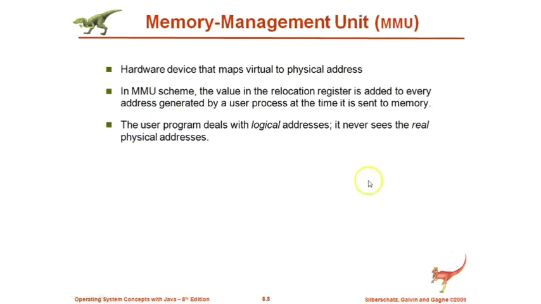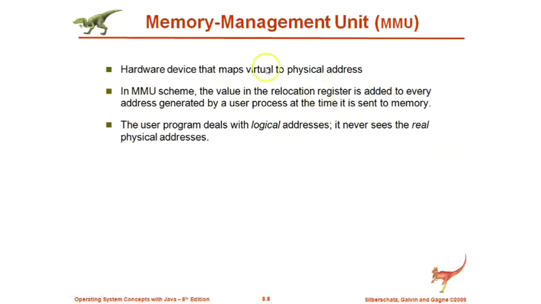Next we will see the memory management unit, in short MMU. This is a hardware device that maps the virtual address to the physical address. In the MMU scheme, the value in the relocation register is added to every address generated by a user process at the time it is sent to memory.